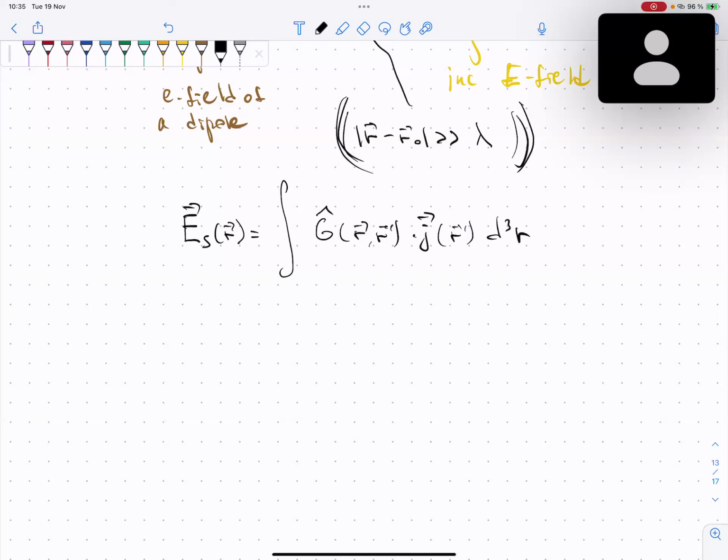And we know from basic electrostatics about these multipoles and all of this stuff. Let me recall how we introduce these multipoles, for example, in electrostatics.